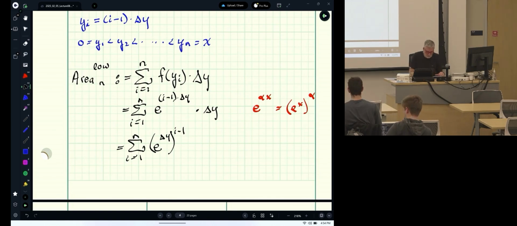And the reason for this is that this gives us something that looks like a geometric sum. Okay, so we'll use this as r.